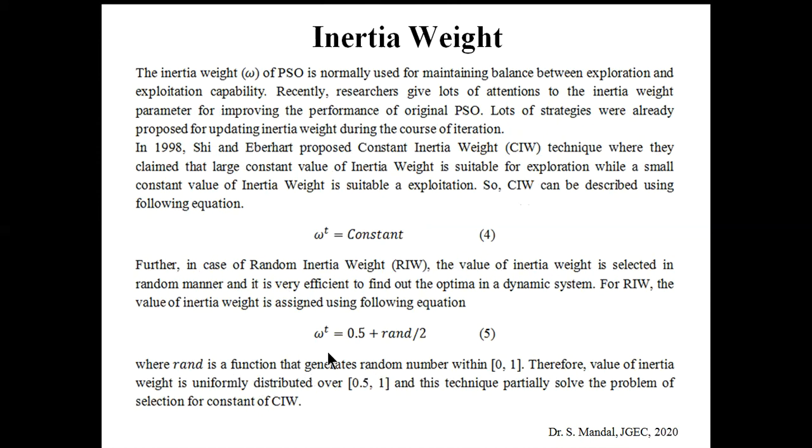For the RIW, the value of inertia weight is random in nature. That means when the global search or the local search will be performed cannot be controlled. Whereas in the case of constant inertia weight, only local search or only global search is preferred.